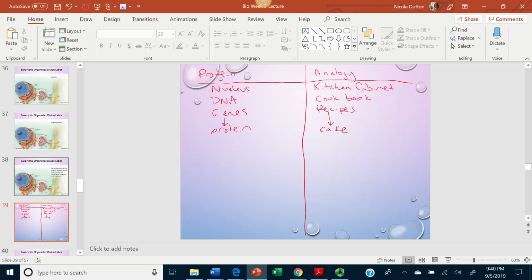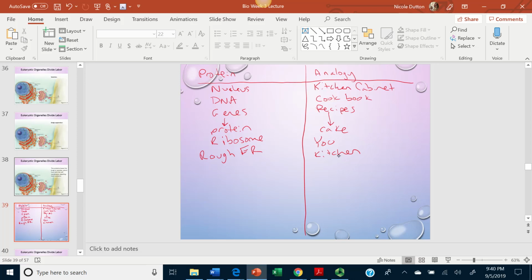So now we've got our recipe figured out. Now you're going to make the cake. So the ribosome is you. And you're doing this in your kitchen, or the rough endoplasmic reticulum. Now what you're going to do is you're going to be reading that recipe and incorporating in the correct ingredients to make the cake.